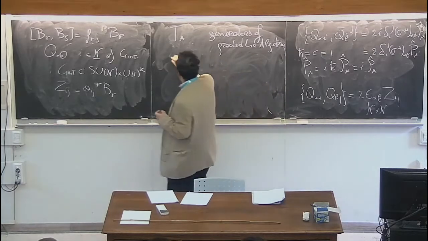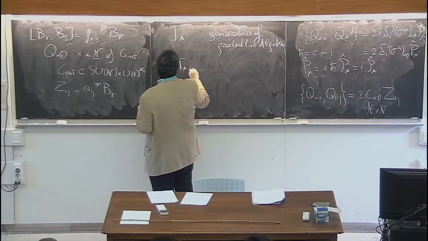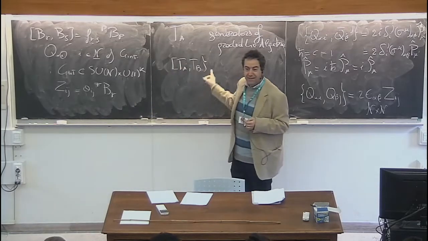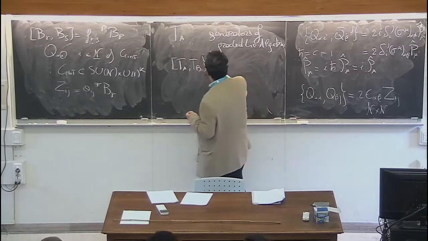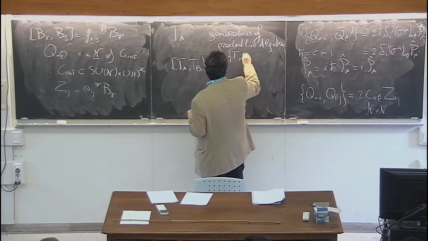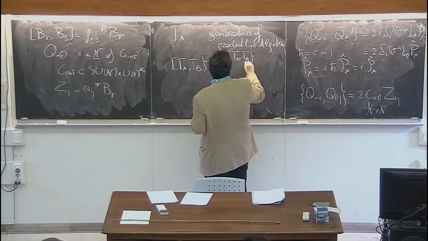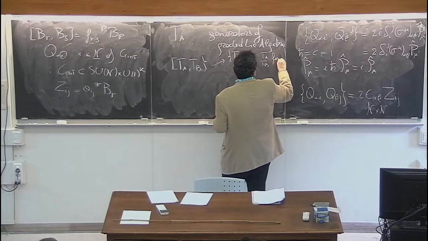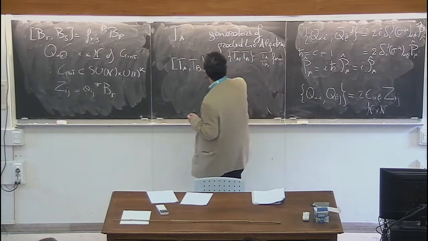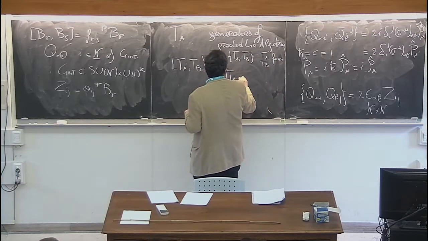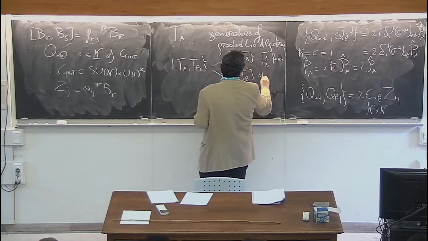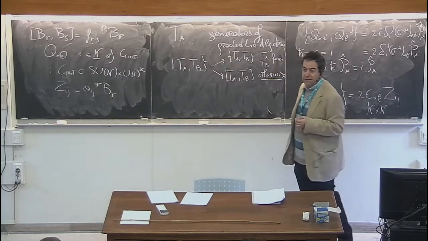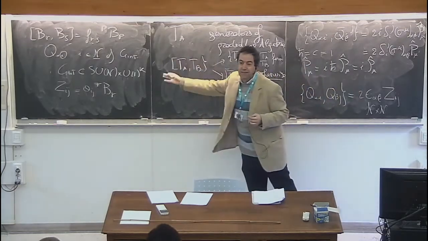And let us define a hybrid commutator like this. This is an anti-commutator if TA and TB are fermionic, a commutator otherwise. This is just a shorthand notation.